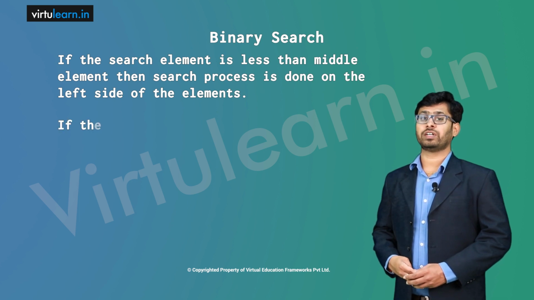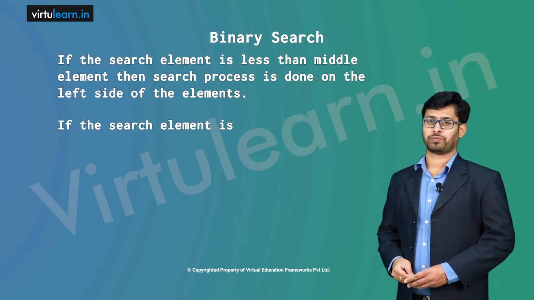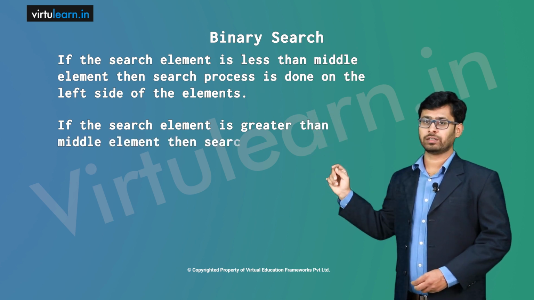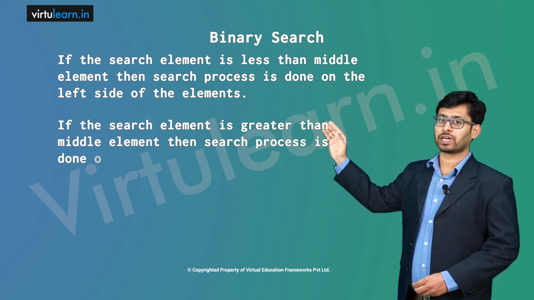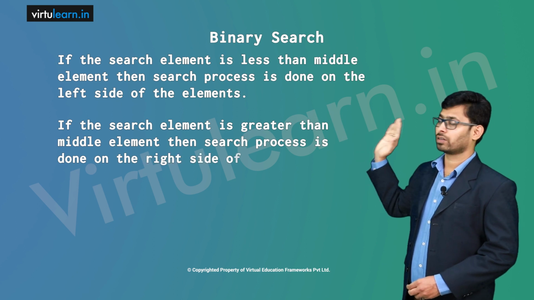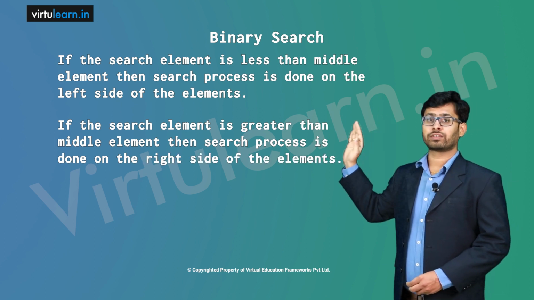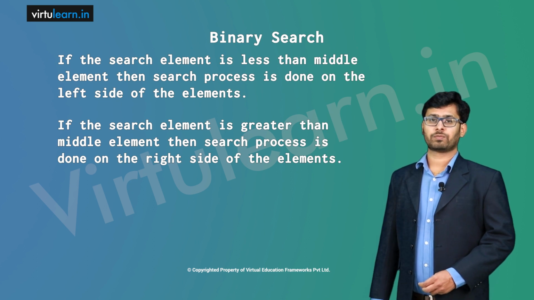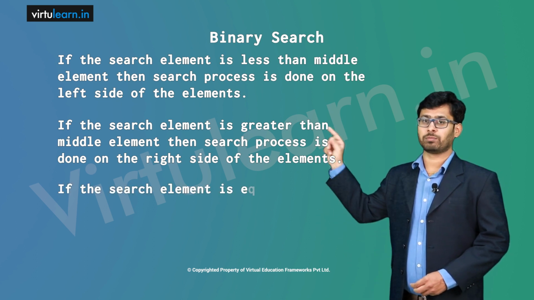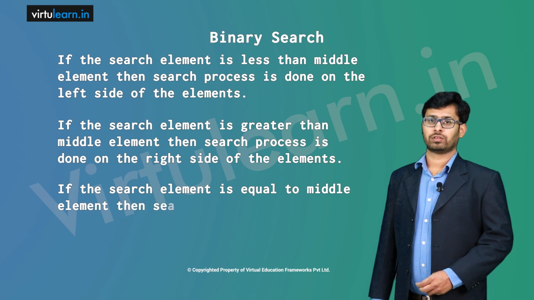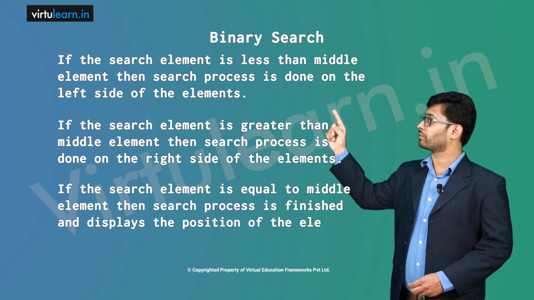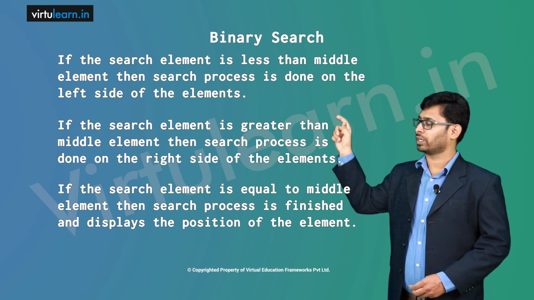If the search element is greater than the middle element, then the search process is done on the right side of the element. If the search element is equal to the middle element, then the search process is finished and it displays the position of the element where it has been found.